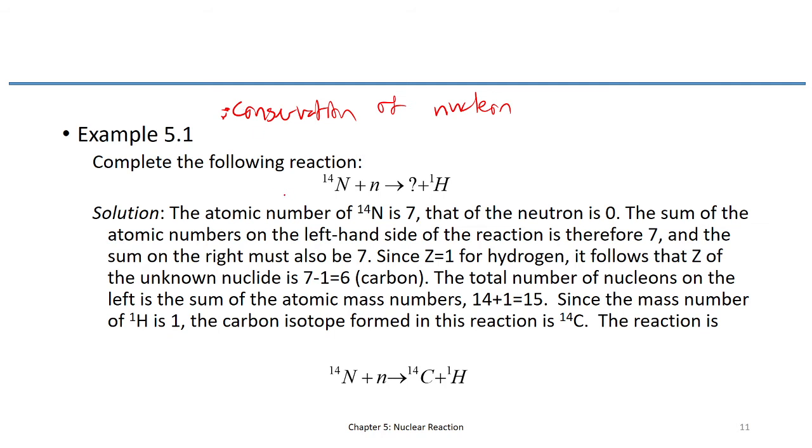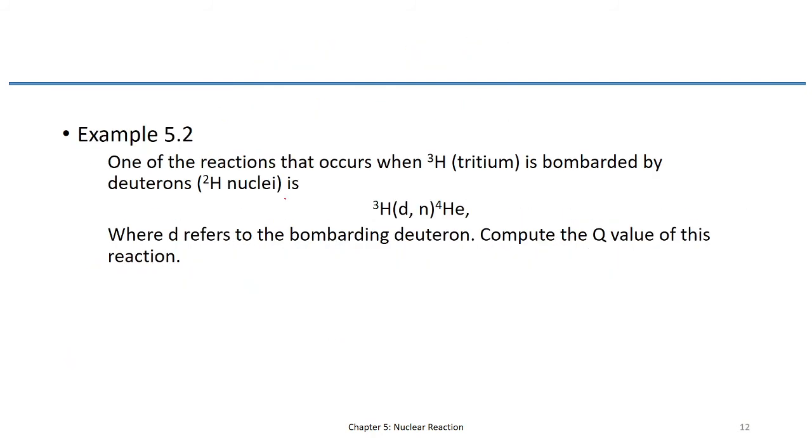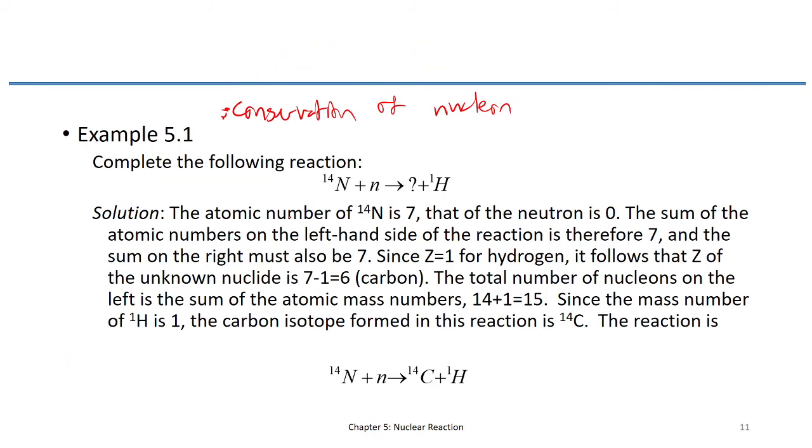So if nitrogen 14 is bombarded with a neutron, you get a proton. And then what is the product nucleus? Now you need to balance the number of nucleons before and after the reaction.